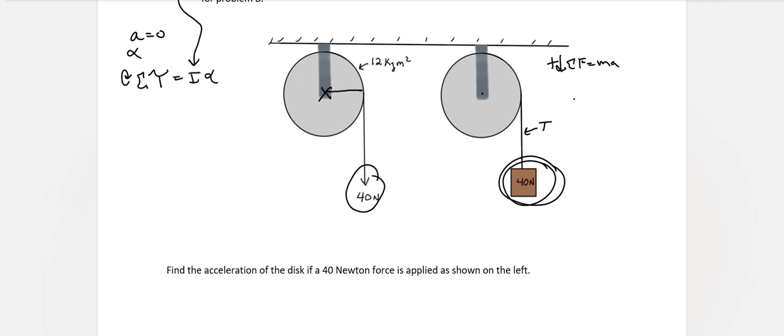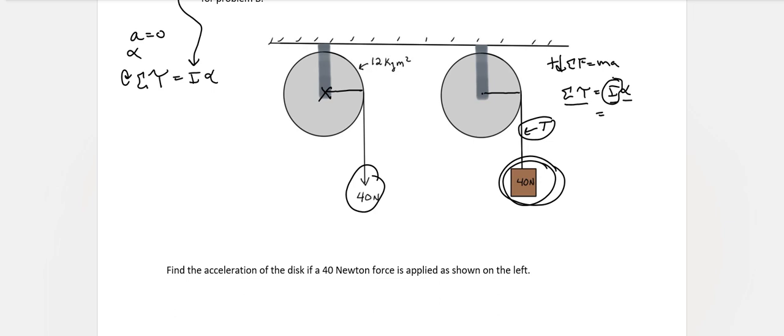Write a torque equation now, after you get your free body done. The sum of all torques equals I alpha for the disk. This side should only have 1 term coming from the tension in this rope times this distance, and then equals I alpha, the I we have from before, the 12 kilogram meter squared.